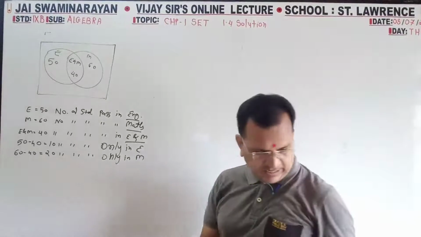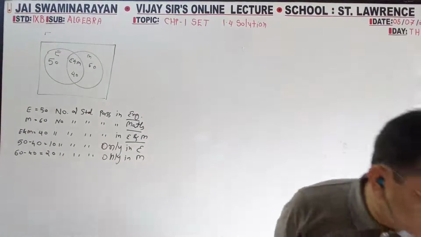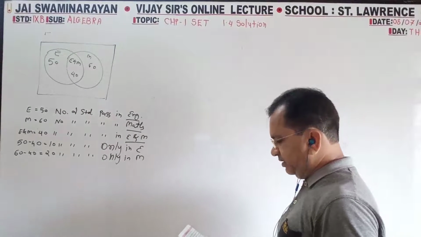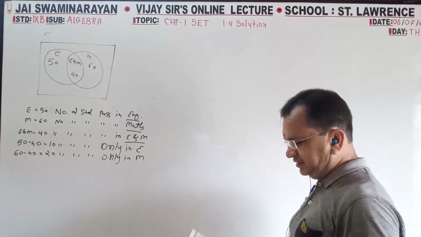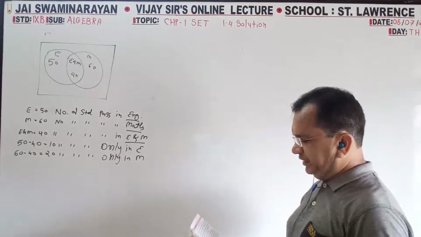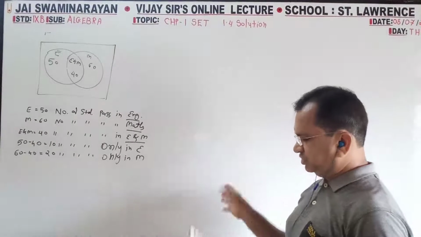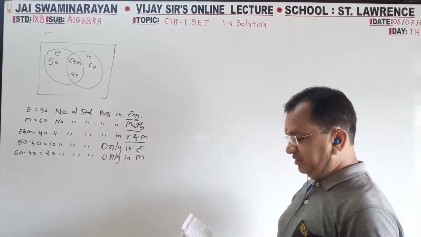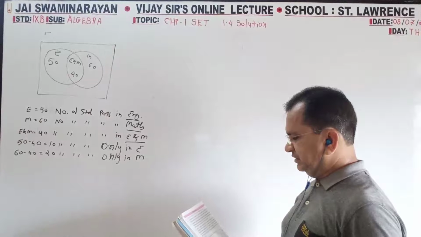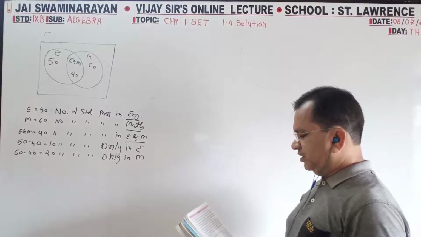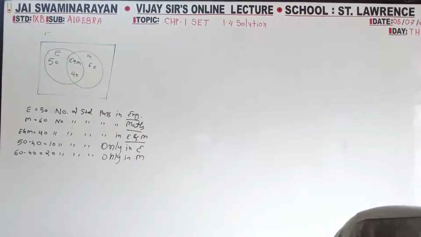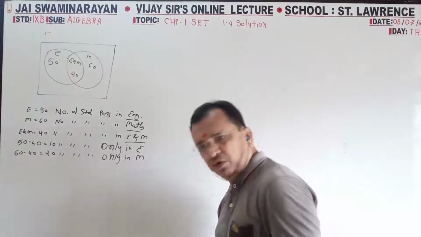Correct. Now, 50 students pass in English, 60 pass in maths, 40 pass in both. No one fails in both, so the fourth group is not there. Find the number of students who pass at least in one of the subjects. In both fail, the number of students is 0.